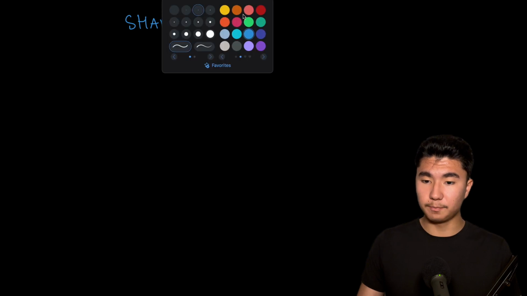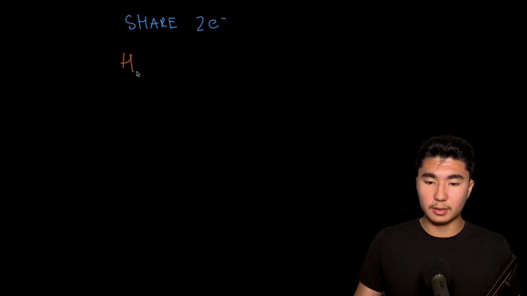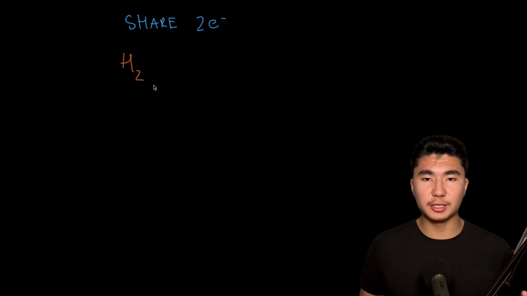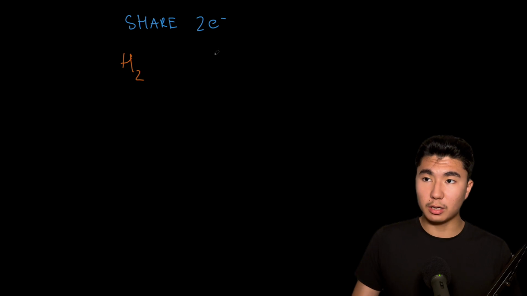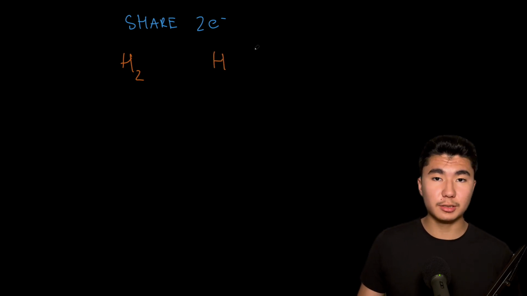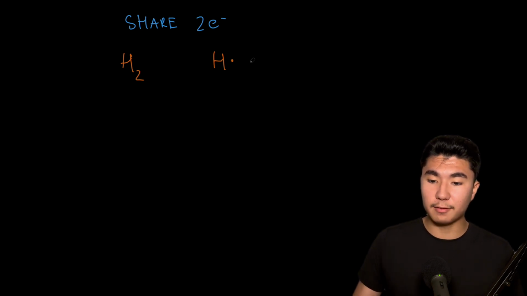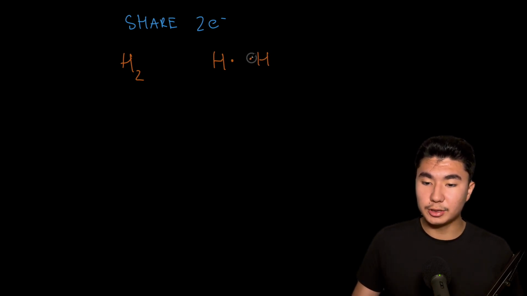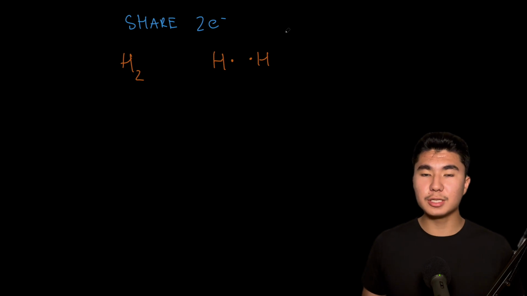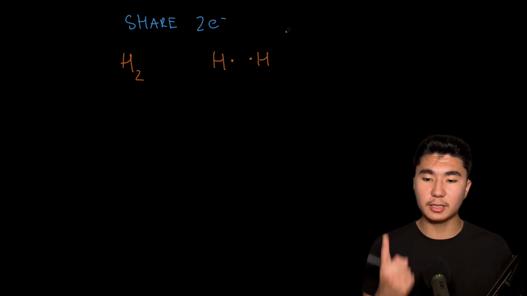So for example, if we look at H2, something like hydrogen in its gaseous form, we would draw what are called Lewis structures, and this helps us illustrate bonds due to these valence electrons. So we're going to have a hydrogen and a hydrogen over here, and we know that hydrogens have one valence electron.